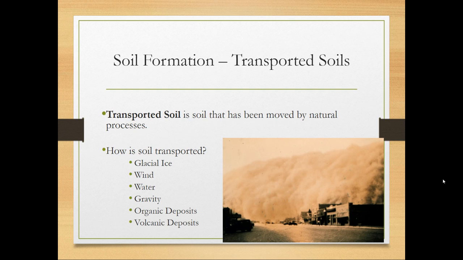Wind is still happening today. High winds can transport soil. It's also a source of erosion. We'll talk about, of course, water does this as well. Organic deposits and volcanic deposits, as well as gravity. So those are just some examples of natural processes which transport soil.